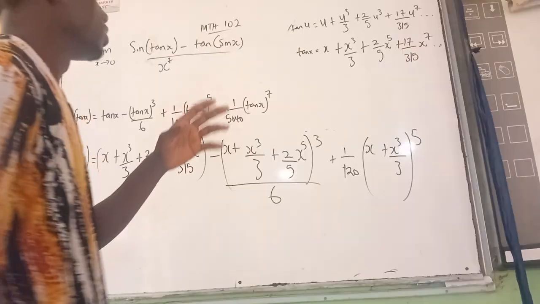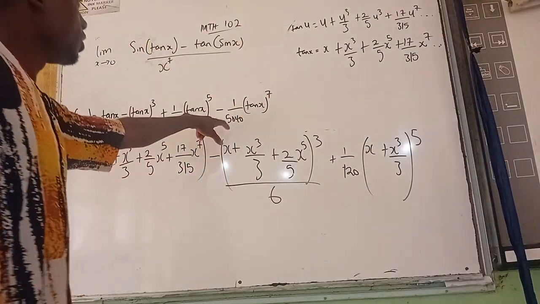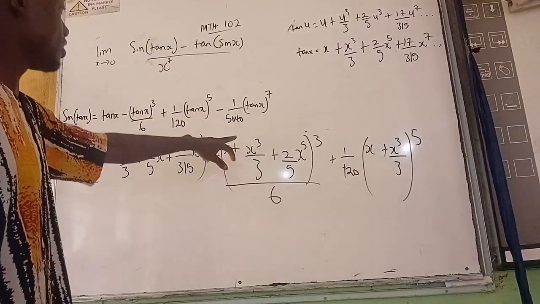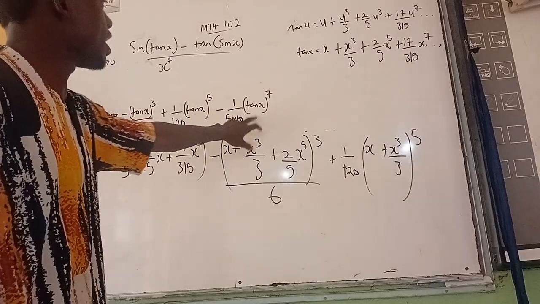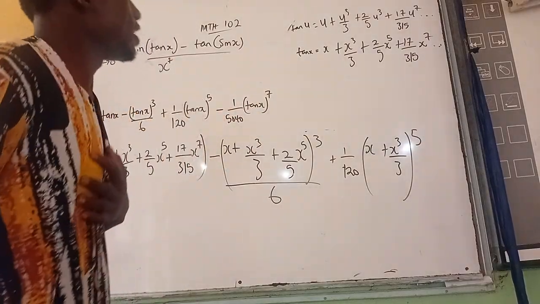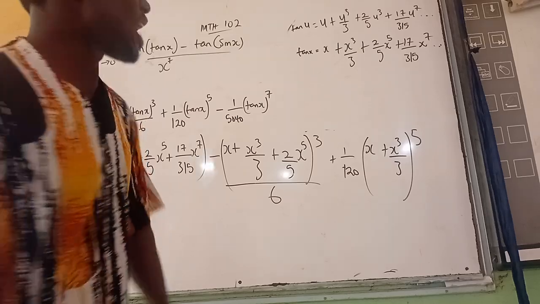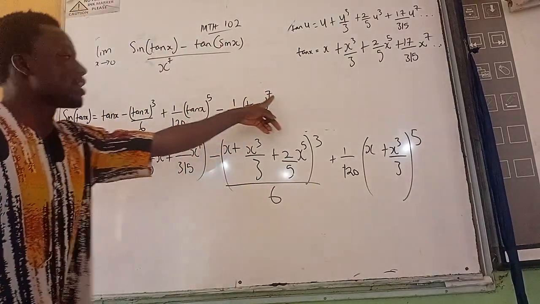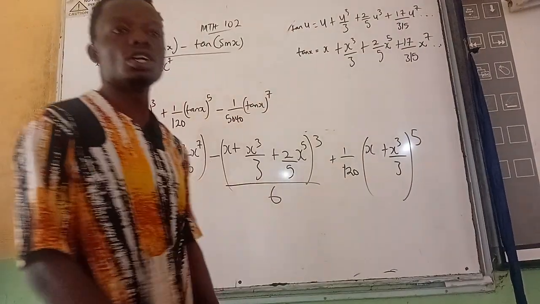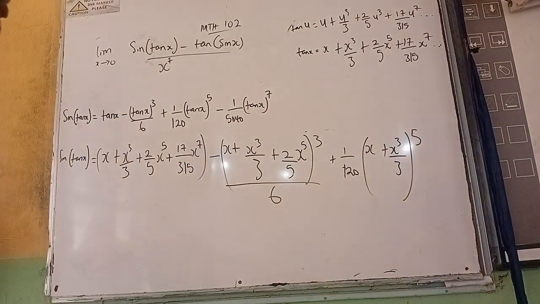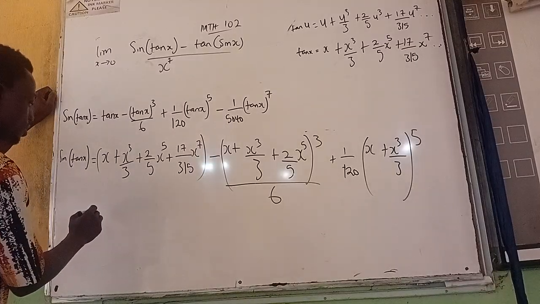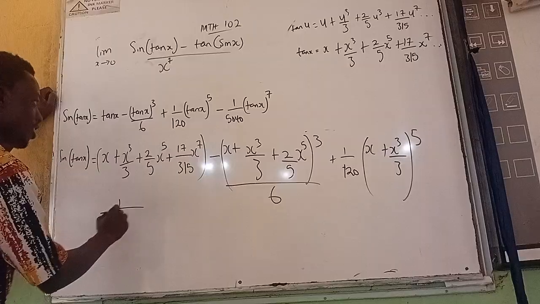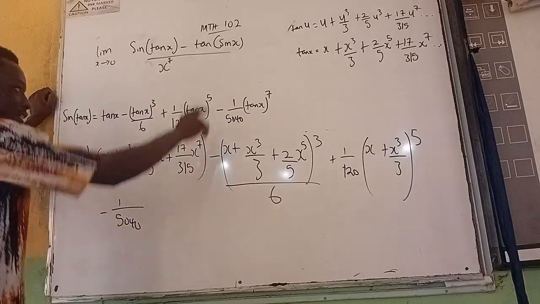Do we get that? So the 5th one minus. Do I need to write this? This 1 over 40 tan x raised to power 7. Yes, but this time I only need the first term alone, because this is already power of 7. So the first term alone is going to give me x^7. So minus 1 over 540 tan x^7.